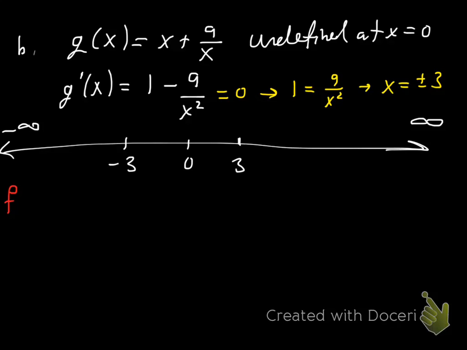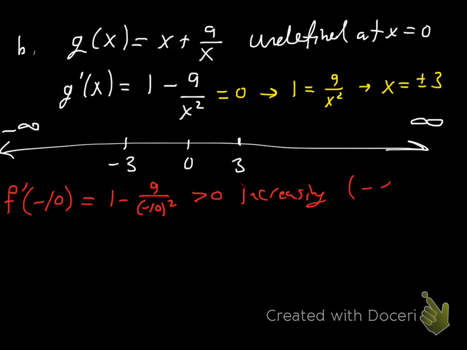We're going to test between negative infinity and negative 3, negative 3 to 0, 0 to 3, and 3 to infinity. Chances are within negative 3 to 3 we will have the same sign, but it's undefined at 0. The derivative at negative 10 is going to be greater than 0, so we're increasing from negative infinity to negative 3.